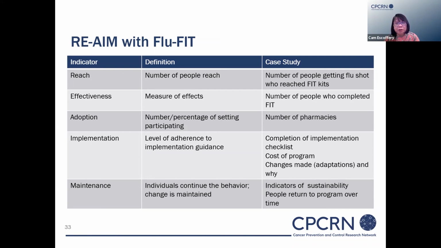The Fit Flu program actually developed their own implementation checklist for clinics and pharmacies to go through and see if they're implementing all of the steps. So those are just some examples of RE-AIM applied to the Fit Flu program.